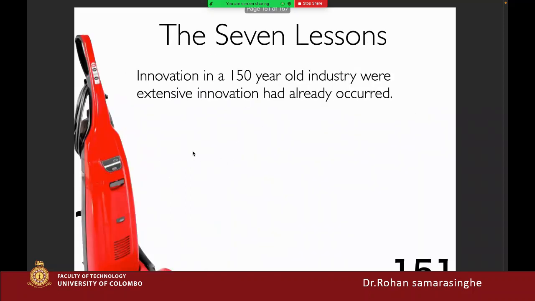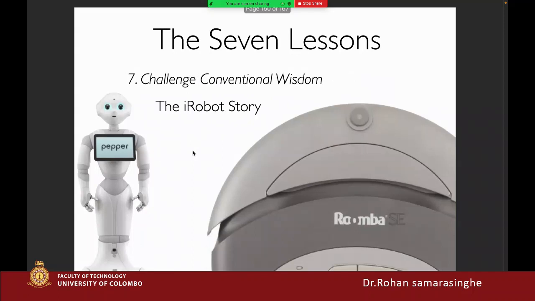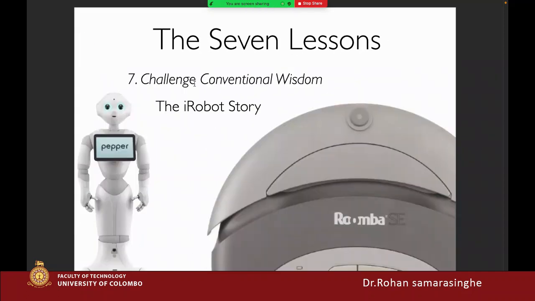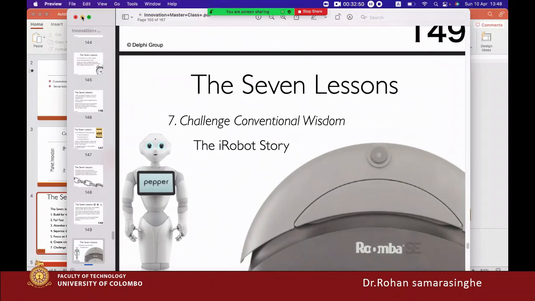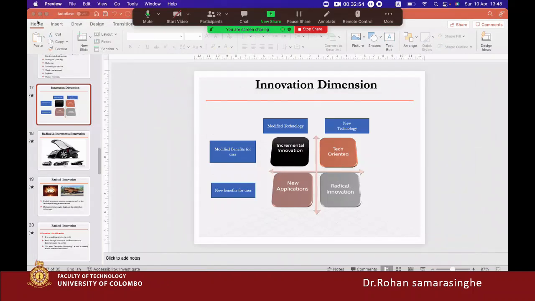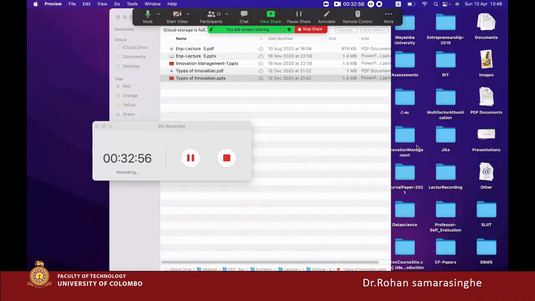When you consider humanoid robots, there is also conventional wisdom. I will try to show you a video clip about these humanoid robots. I don't know whether you have seen this humanoid robot part earlier.